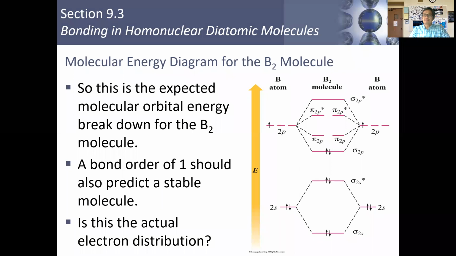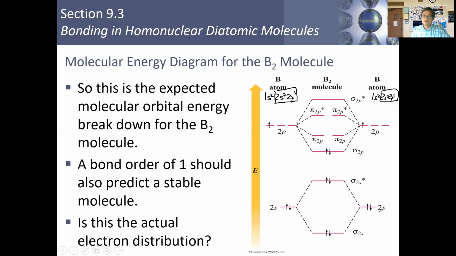Remember the electron configuration for each boron atom is going to be 1s2, 2s2, 2p1 on each side. Okay, and so when we consider molecular bonding, we are only considering the valence electrons here, and so therefore there are 3 electrons: 2 in the 2s and 1 in the 2p.